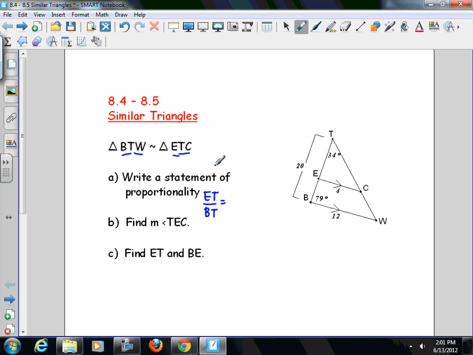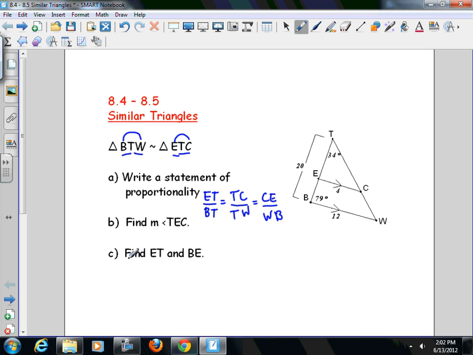I'm comparing the small one to the bigger one because I put the smaller one first. So that gives me the same scale factor as TC to TW. I also know that CE and WB can be compared because they're in the same corresponding positions, so that gives the same scale factor as CE to WB.